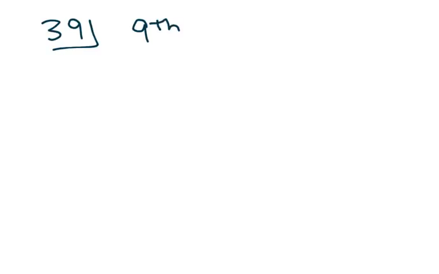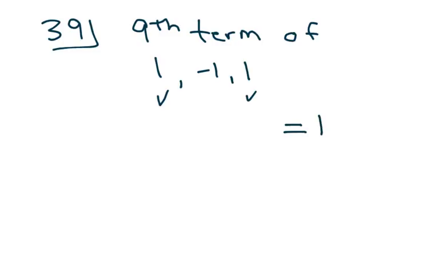The ninth term of, oh, this is easy, 1, negative 1, and 1. So what do you think it's going to be? All our odd numbers are going to be what? 1. So our answer should be what? 1. I'm just going to do that one that way. Use some of our mental math.